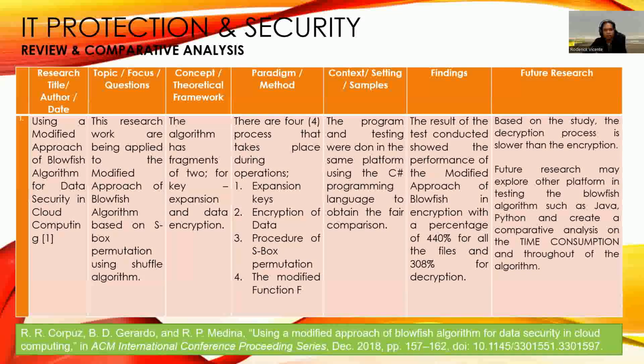The research uses the FYS, the Fisher-Yates shuffle algorithm, in the substitution box. And the fourth one is the modified function F. The researchers modified the function with two XOR operations, one for the parallel operations and another XOR for the user input. The program and testing were done on the same platform using the C# programming language to obtain a fair comparison.